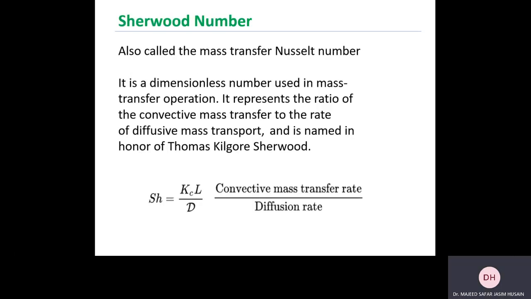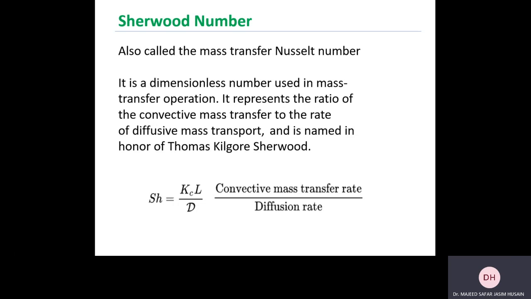Another important number was the Sherwood number. The Sherwood number is English. It is the dimensionless number used in mass transfer operations, and it represents the ratio of convective mass transfer to the rate of diffusive mass transport.